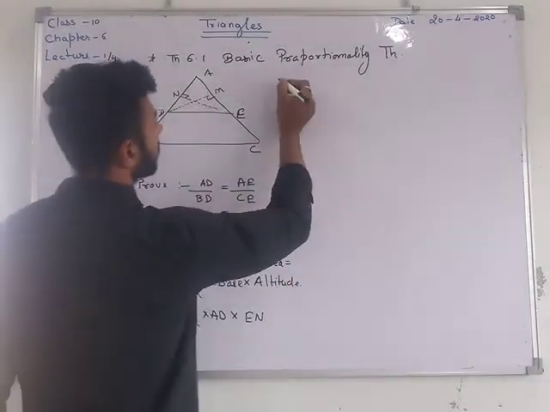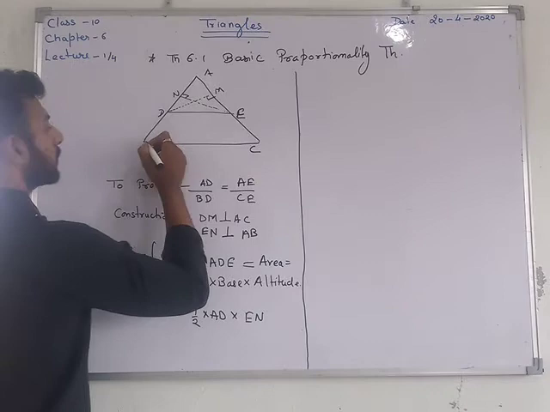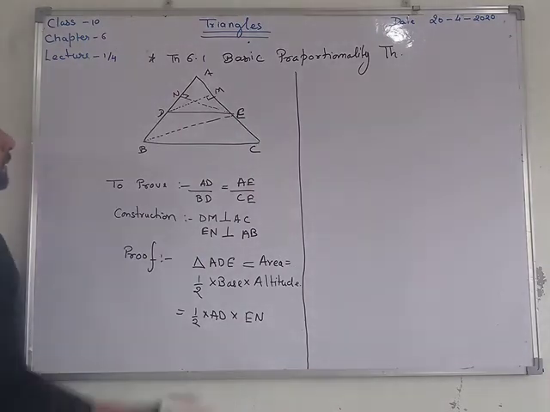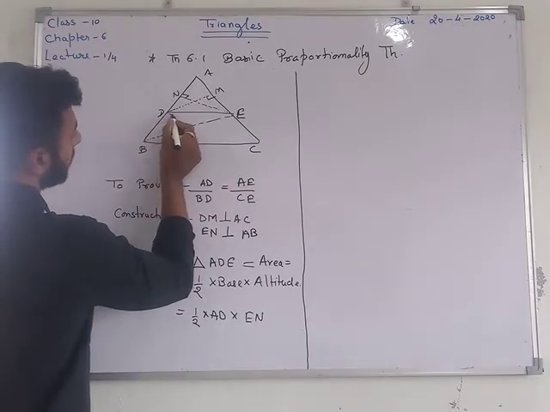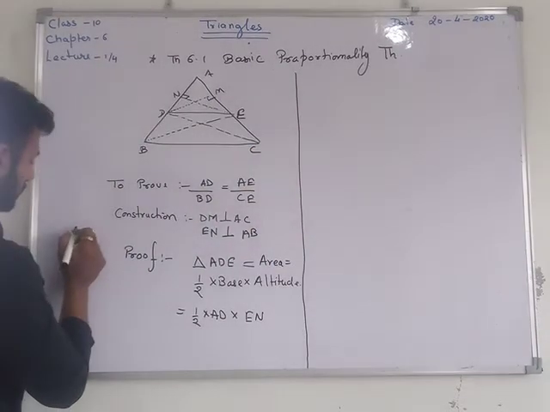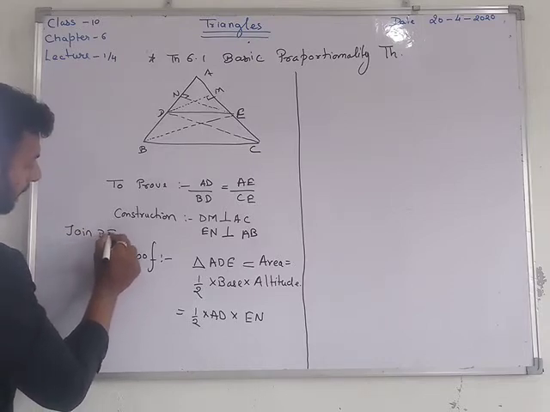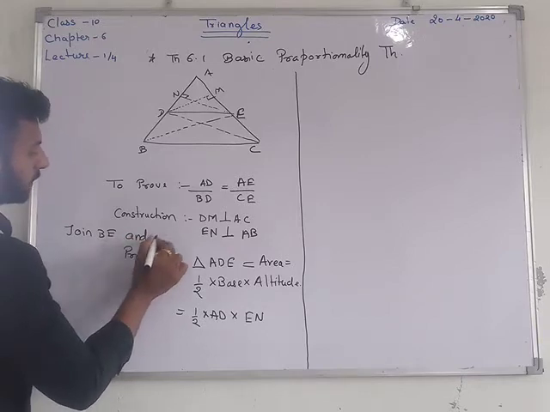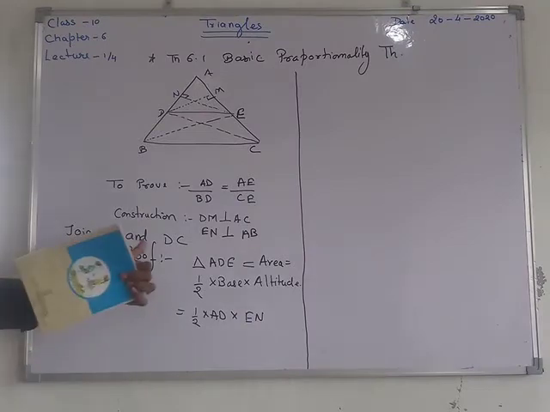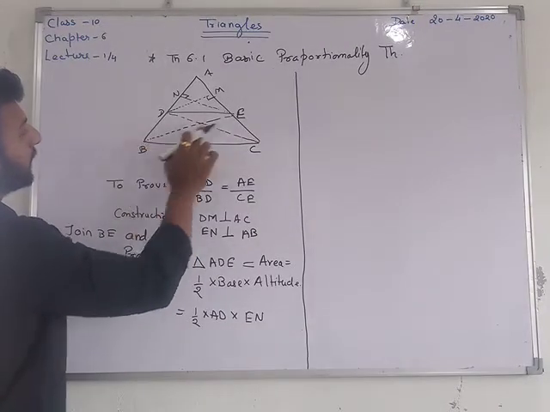Now we are taking one more triangle. Two more constructions we have done: join BE and DC. BE and DC are joined. Now we are taking the triangle BED.